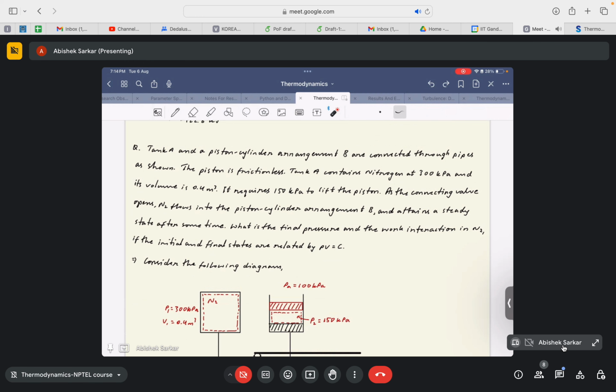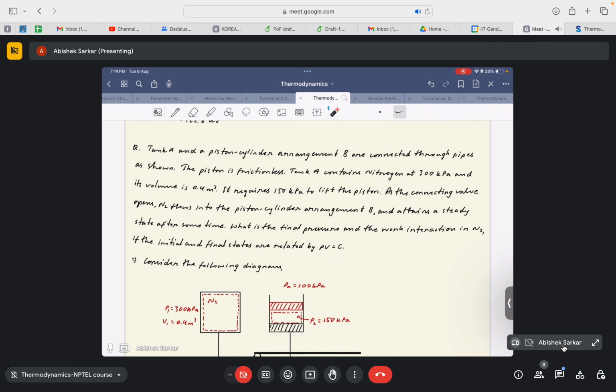Now tank A contains nitrogen at 300 kilopascal and its volume is 0.4 meter cube. It requires 150 kilopascal to lift the piston. So it requires at least a pressure of 150 kilopascal to lift the piston.